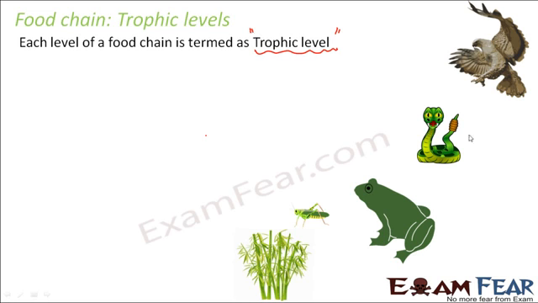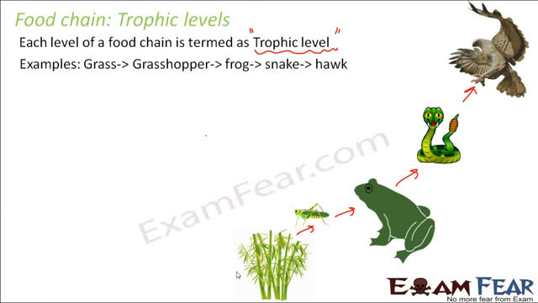Here you can see a food chain which has different steps, right? This is 1, 2, 3, 4. So there will be 4 levels involved in this food chain. Let us start with the different levels here. Here we have taken the example of grass being eaten by the grasshopper, which is in turn eaten by the frog, then snake, and then the hawk.